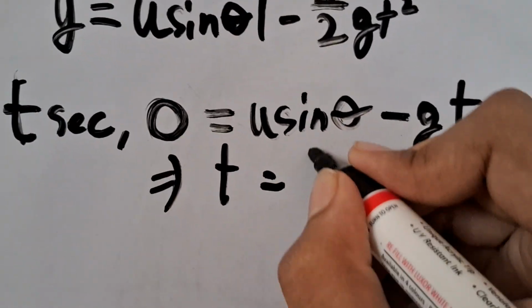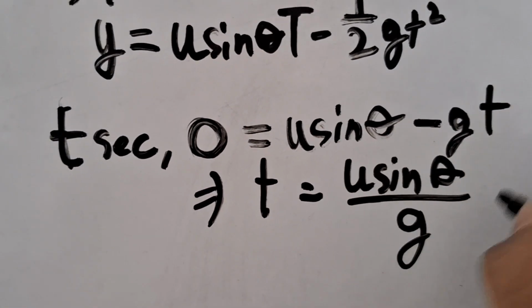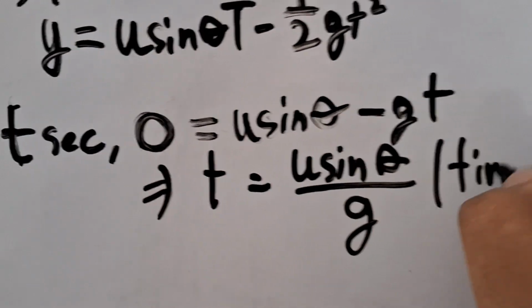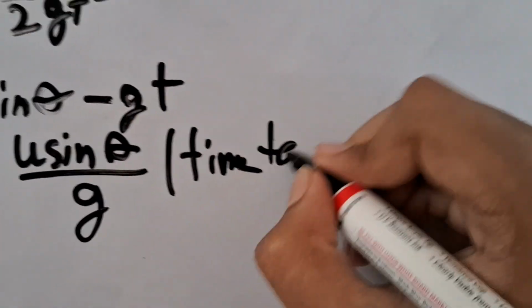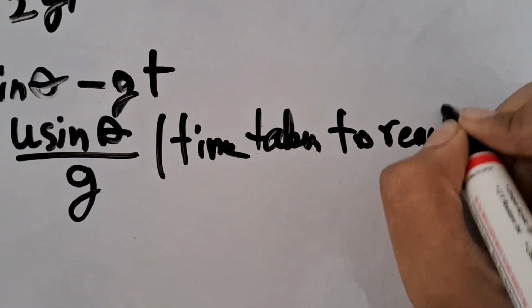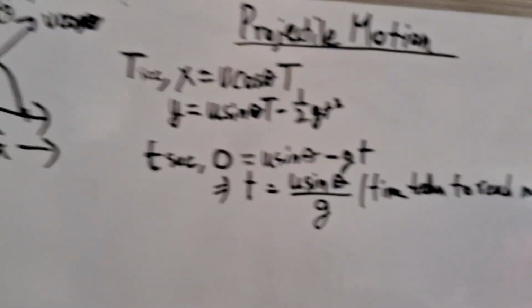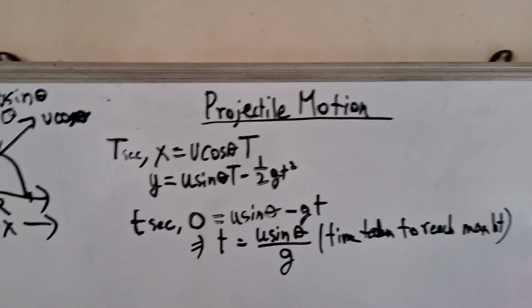So t is u sin theta over g, the time taken to reach maximum height. And we found out t.